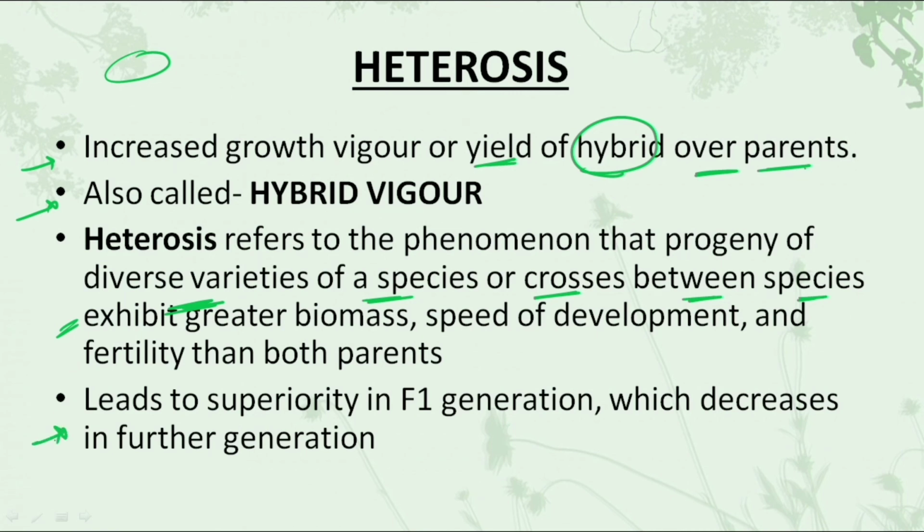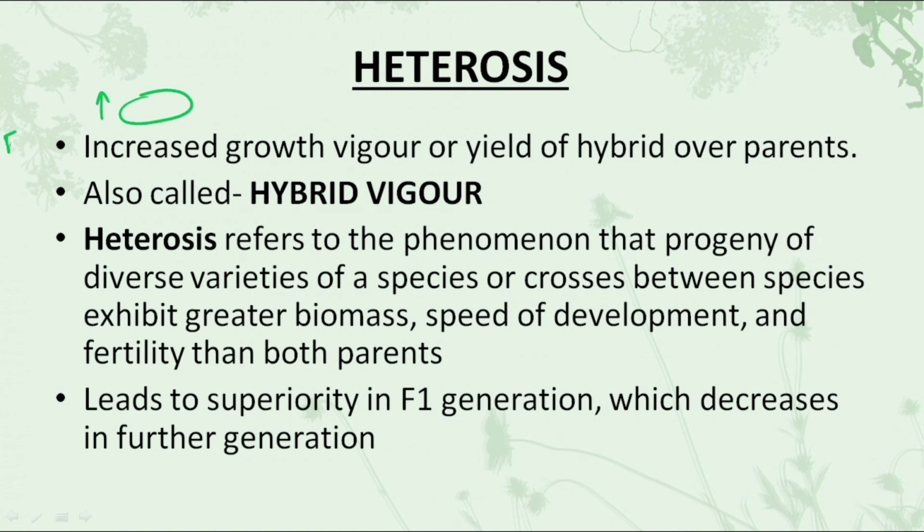It leads to superiority in the F1 generation, which decreases in future generations. There is more yield in the F1 generation or any generation that we are focusing upon, but this increase in yield is seen only in that particular generation, and it decreases as we go towards future generations.